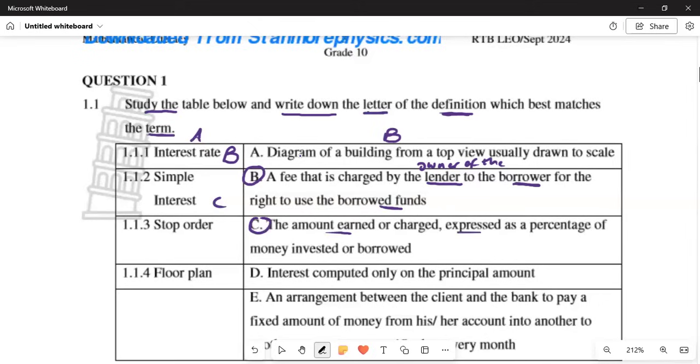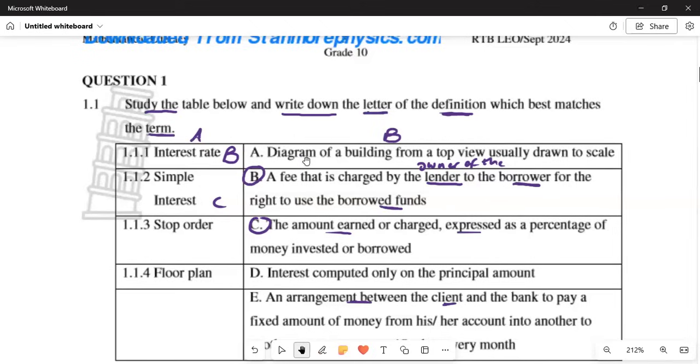Then in 1.1.3, we have a stop order. A stop order is an agreement between the client and the bank to pay a fixed amount of money from his account into another account.